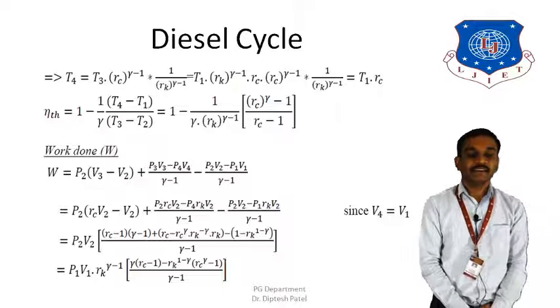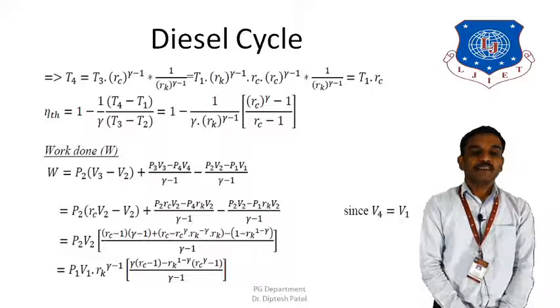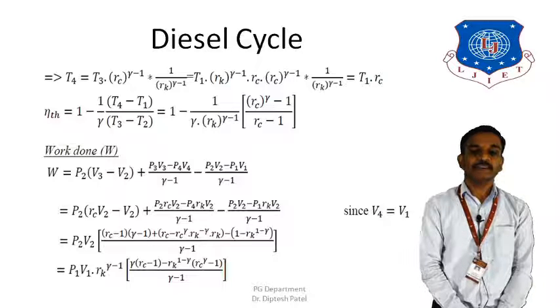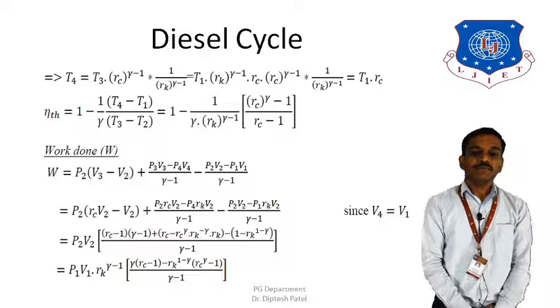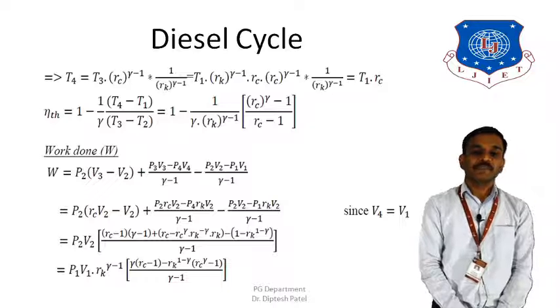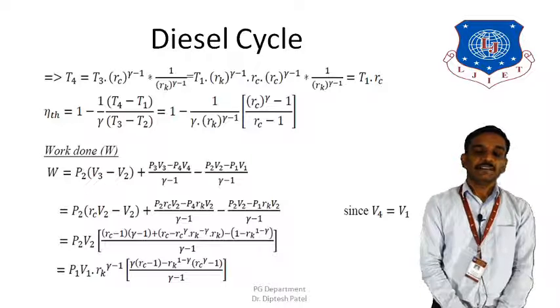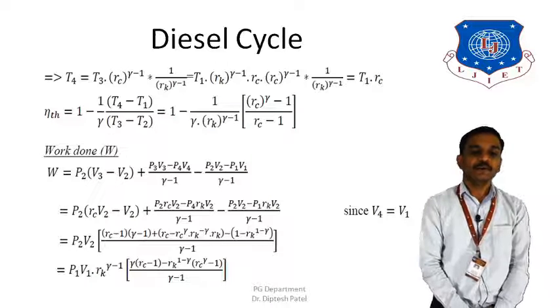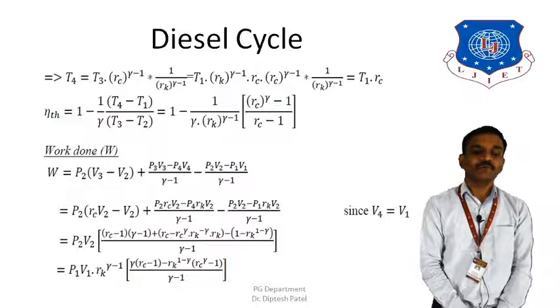That can be rewritten as P2 Rc V2 minus V2 plus P2 Rc V2 minus P4 Rk V2 divided by gamma minus 1 minus P2 V4 minus P1 Rk V2 divided by gamma minus 1, because we know that V1 is equal to V4.